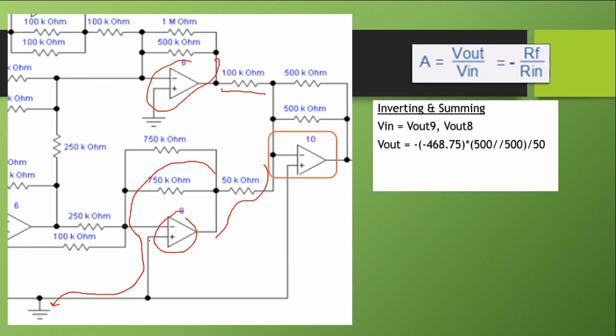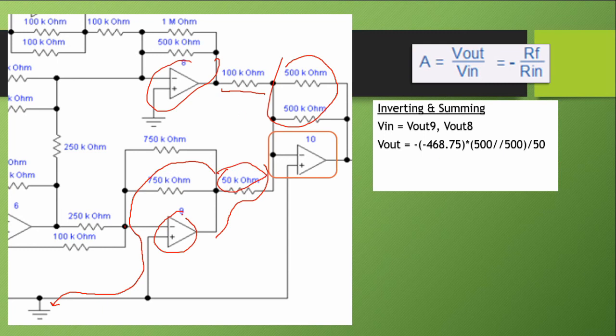V out for 9, that's negative 468 times negative of our RF, which is 500 parallel to 500, that's 250, divided by the series resistance, which is 50K.